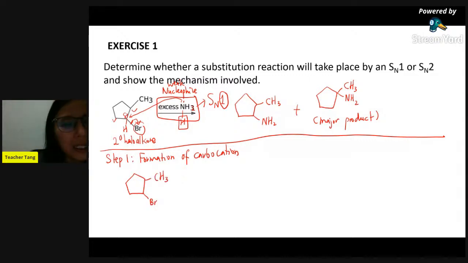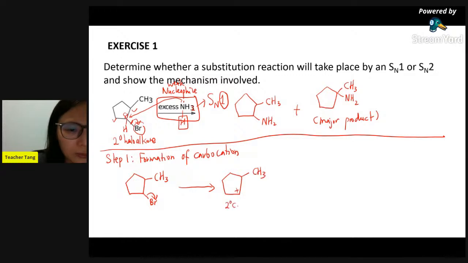So how to get the carbocation? Basically, this bond will break. Okay, so you get the secondary carbocation. This step is slow, and therefore it is the rate determining step.